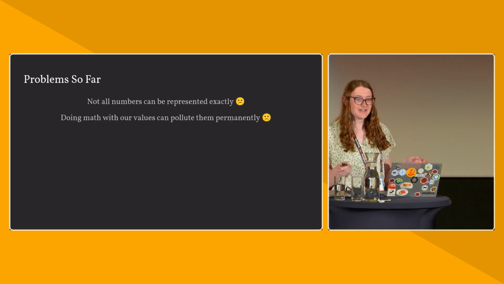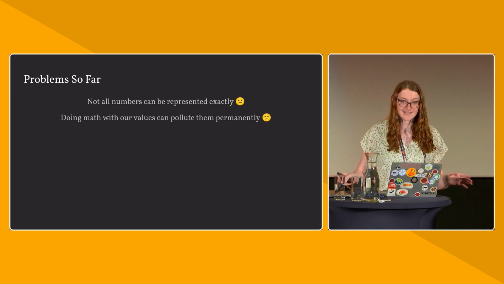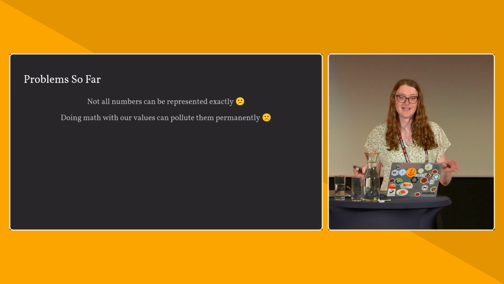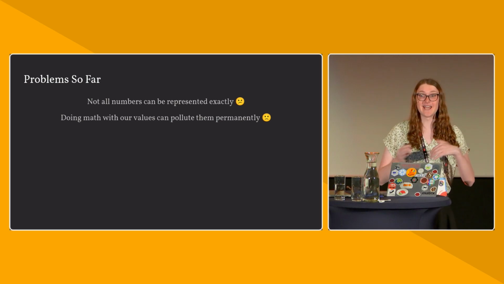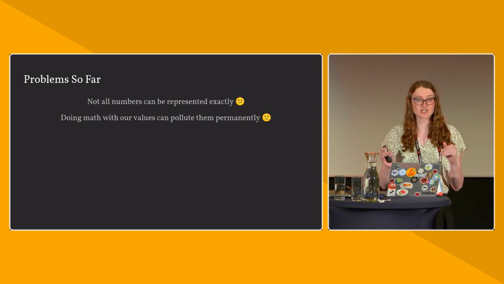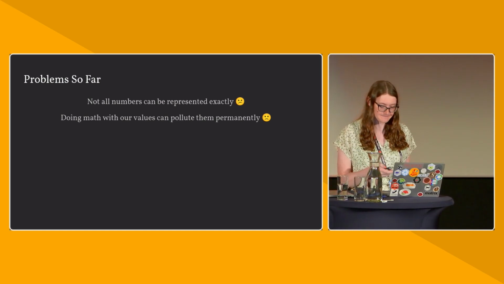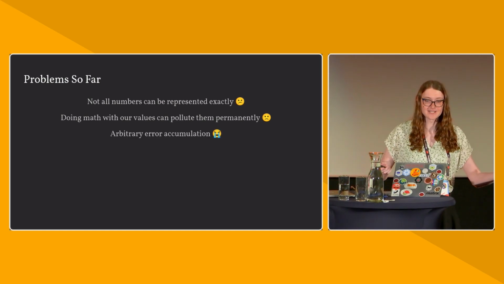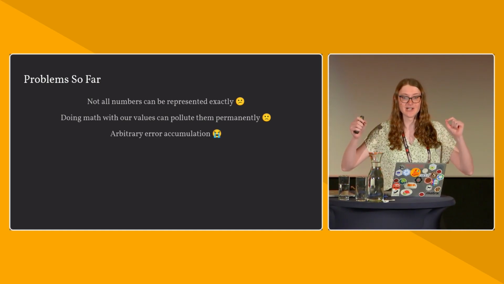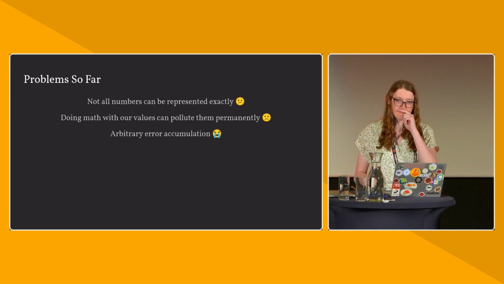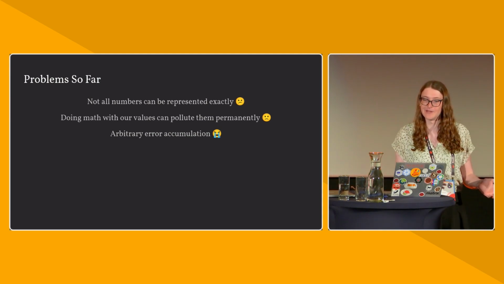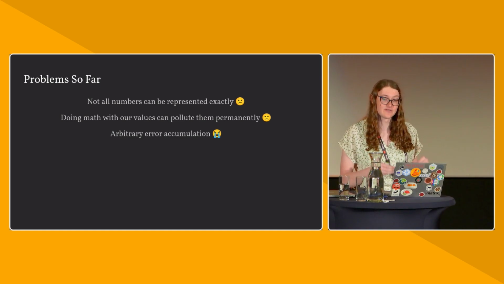Doing math with our values can pollute them permanently, as we saw in the first example. And as we saw in the second example, the behavior behind how this pollution works is extremely unintuitive, even to people who are familiar with floating point. And, to make matters worse, this error can accumulate arbitrarily. Thinking back to our original problem, this causes a lot of issues for hashing.